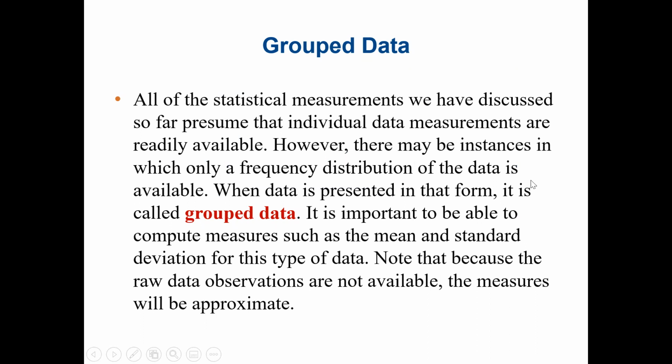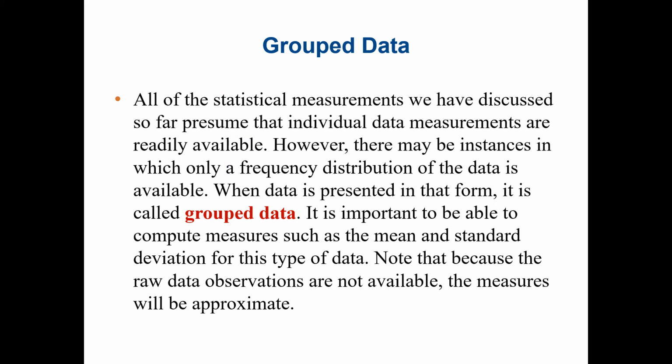However, there may be instances in which only a frequency distribution of data is available. For example, we have 20 patients visiting a hospital. Then we may say that patients whose blood pressure is between 100 to 120 are 5.